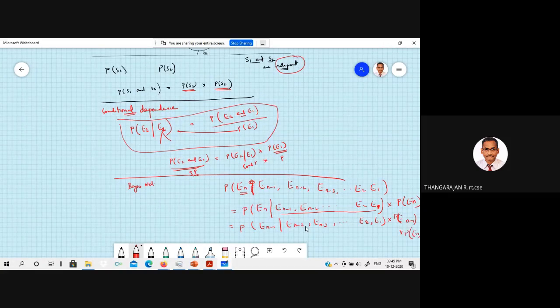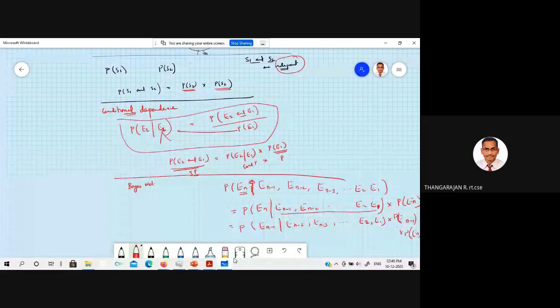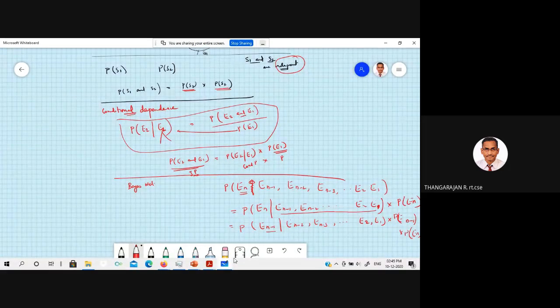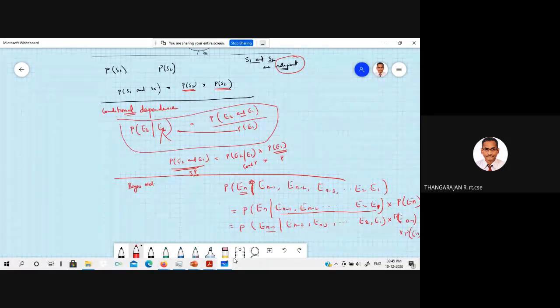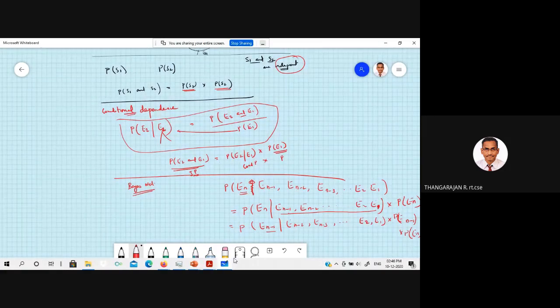So likewise, I can do this. I can convert a joint probability into these probabilities, and the conditional probability gives you the arrow. Using this conditional probability, we create a Bayes network, which we always do in machine learning.